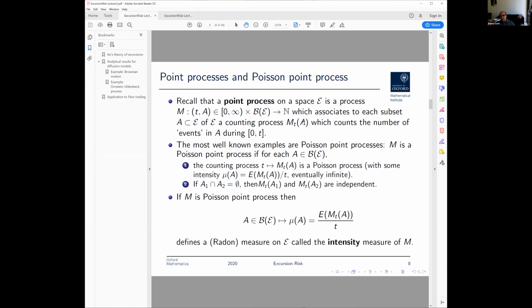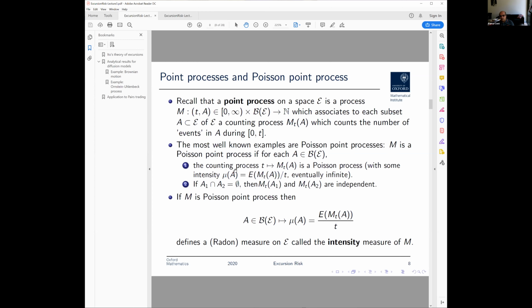The most well-known examples of point processes, which you've probably encountered in the past, are Poisson point processes. So what is a Poisson point process? It's a point process on E which has two properties. First, if I fix the set A and I look at the number of events in A up to time t, this is a Poisson process with some intensity, not a standard Poisson process.